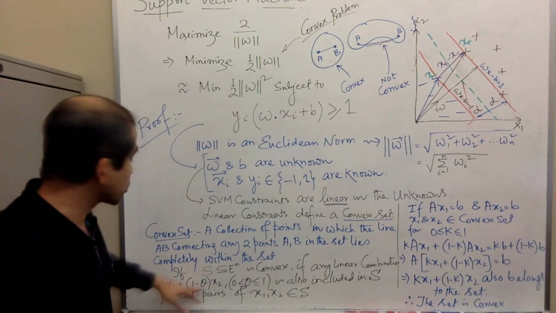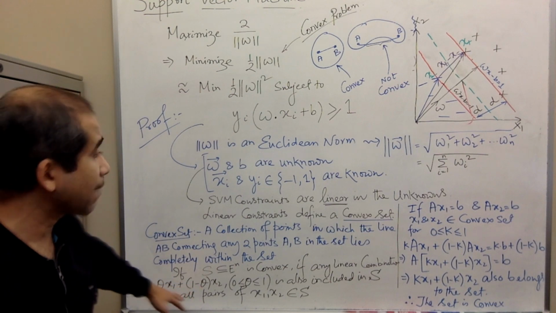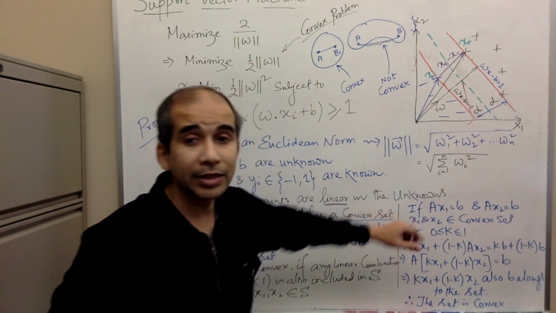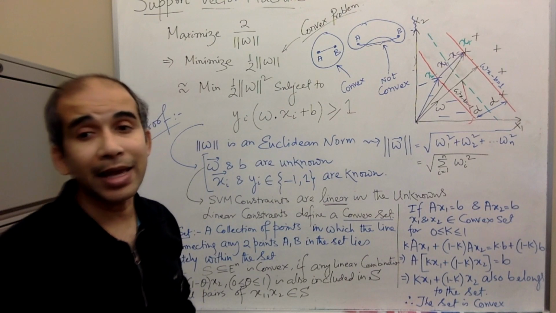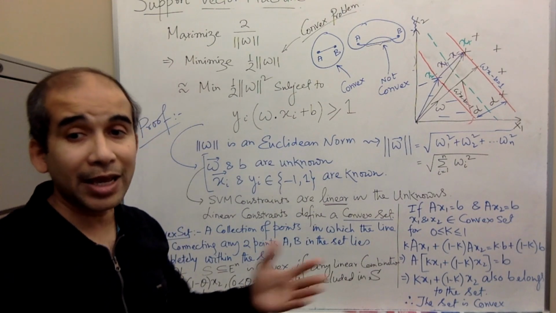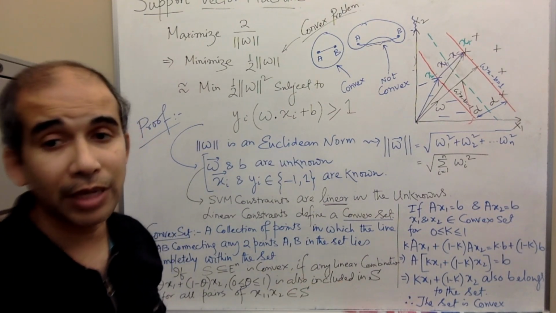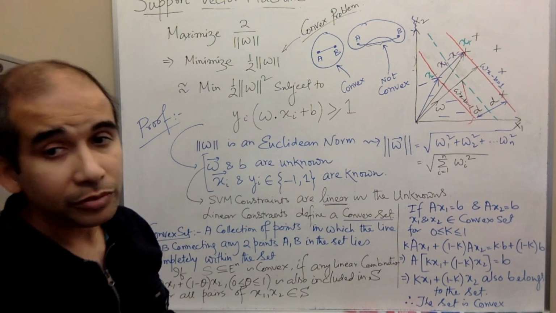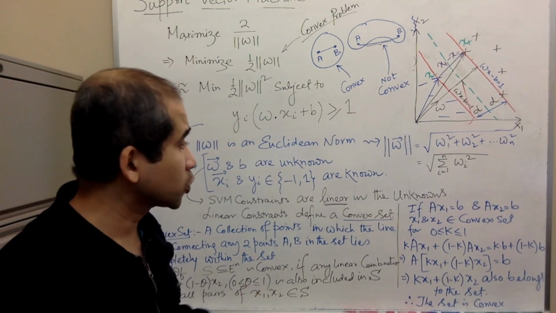I have shown why this happens with an example here. Let's say a x1 equals b and a x2 is also equal to b, that means x1 and x2 are 2 points on basically the same line, belonging to a convex set.